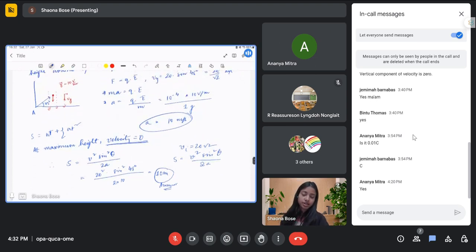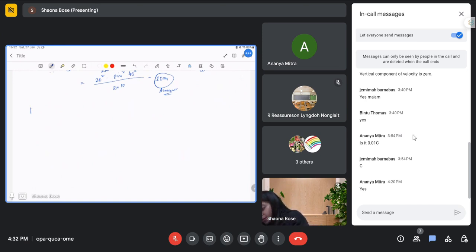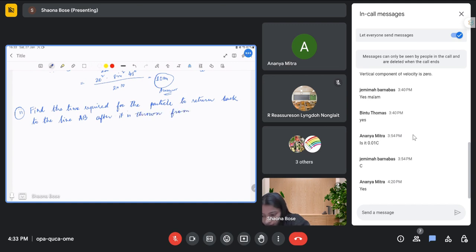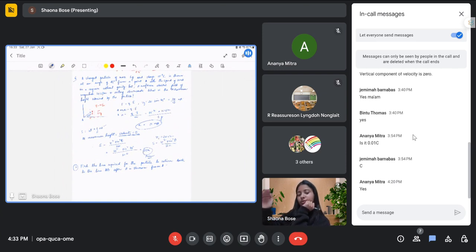Okay, so if this is okay with the others and they don't have any other confusion about this, the second part of this problem: find the time required for the particle to return back to the line AB after it is thrown from A. So it has already attained the maximum height.